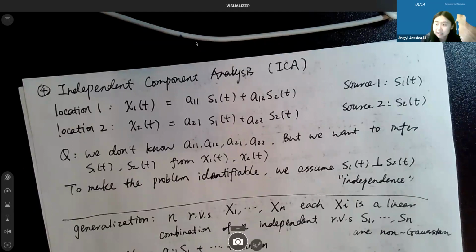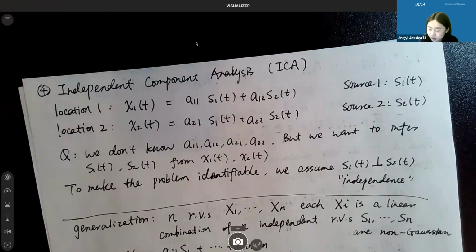Then we talked about t-SNE for preserving density converted from the Euclidean distance. You use a kernel to convert the distance to a density, and then you want to preserve that density in the low dimensional space. That's the basic idea of t-SNE. And then we talked about ICA, which is about independence between the hidden factors you want to find.